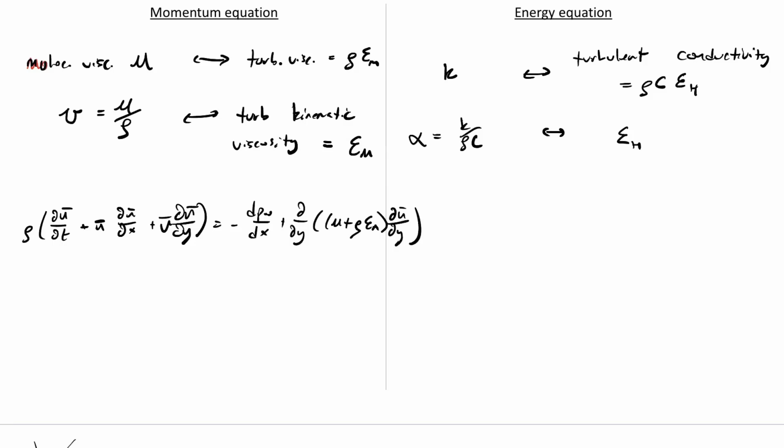That's our rewritten form using this model, and we'll next get to coming up with models for epsilon sub m.